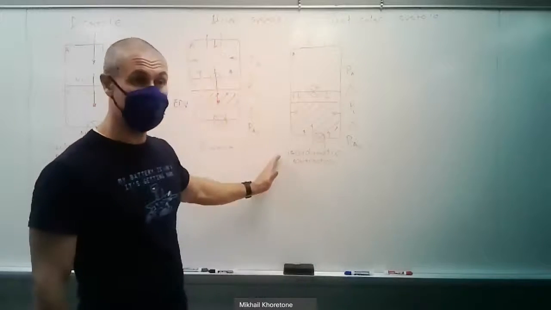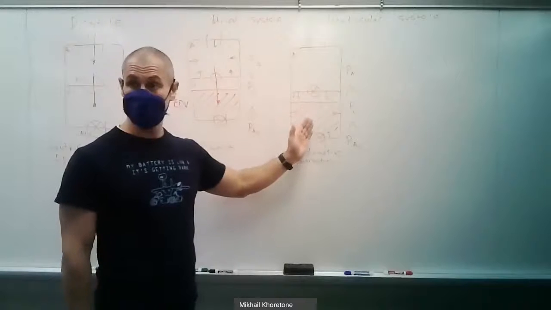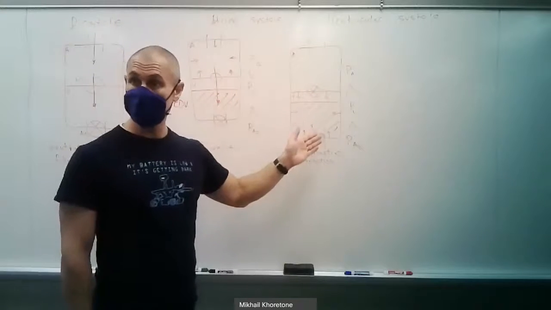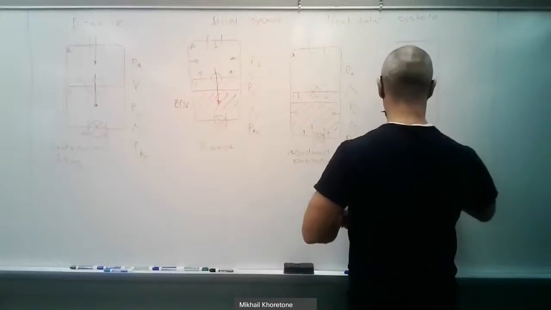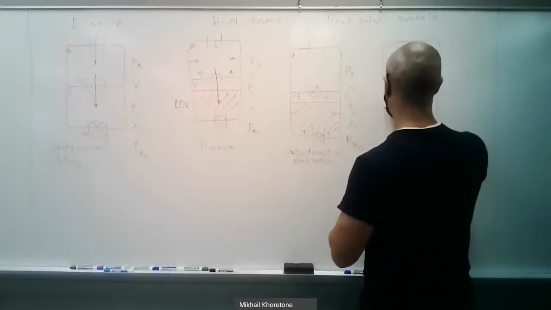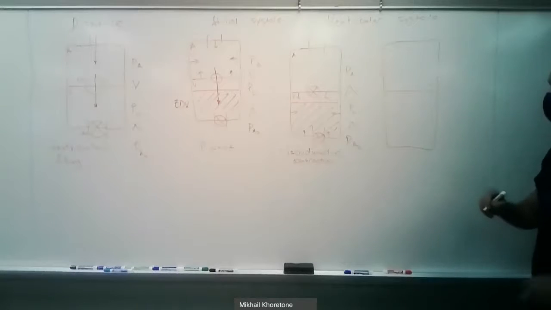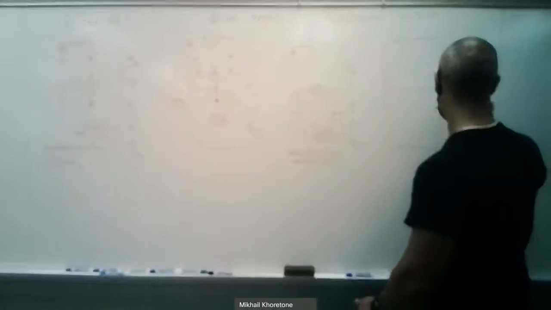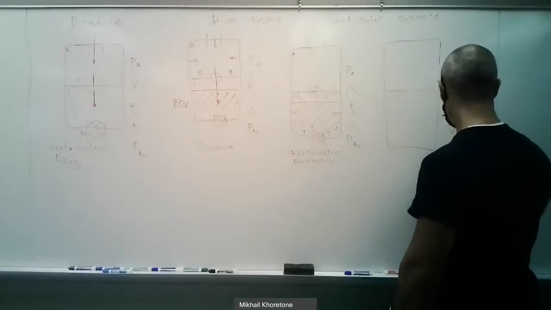So this is isovolumetric contraction. Pressure in the ventricle keeps on rising until it becomes higher than both atrial pressure and aortic pressure.